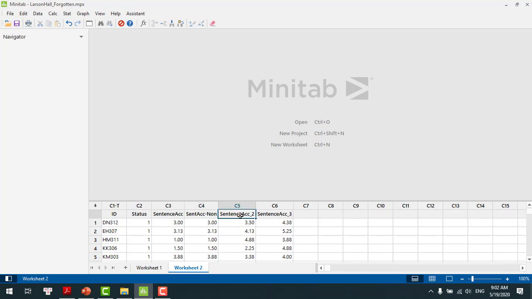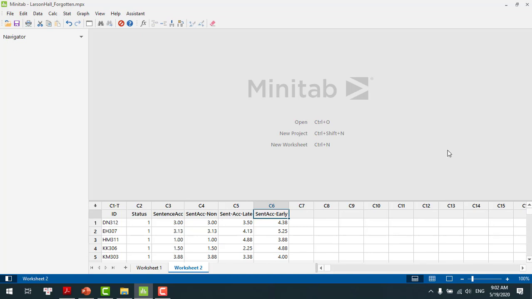The group in C5, this is going to be the sentence accent, and this is going to be the late group. And 3, this is going to be the sentence accent, and this is going to be the early group. Okay, so now we have the three groups there labeled and separated.